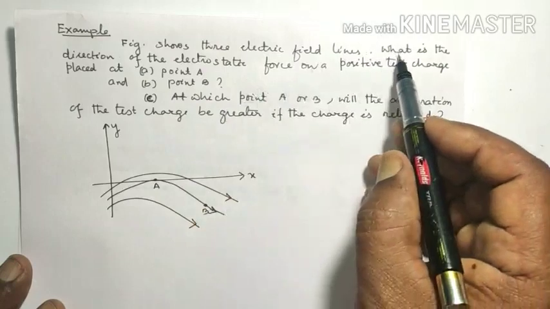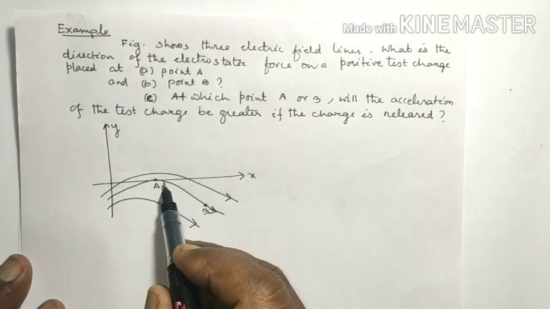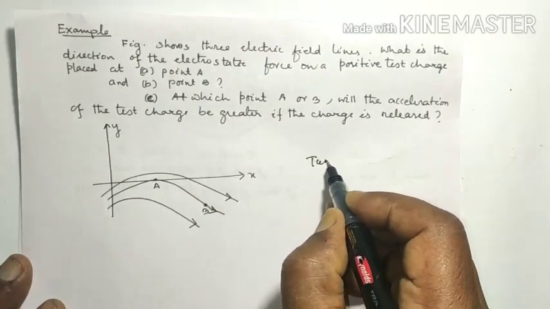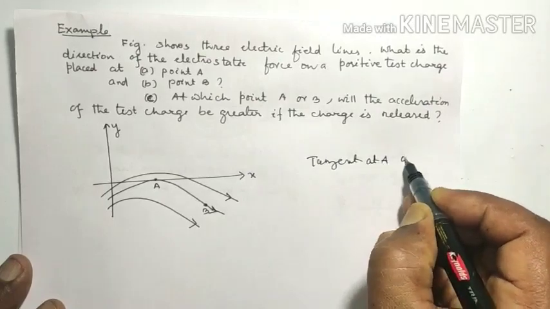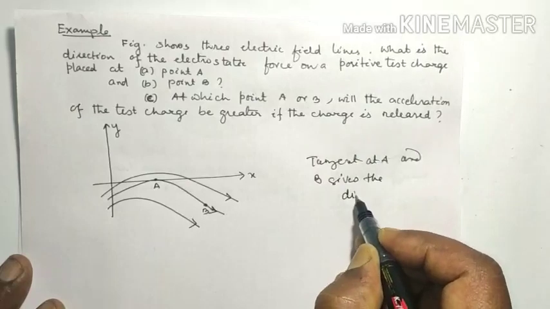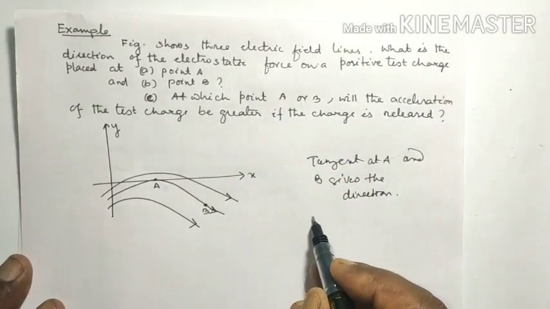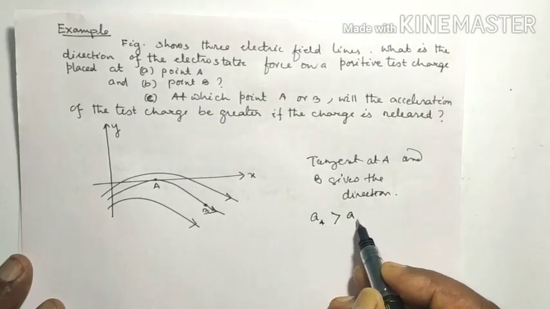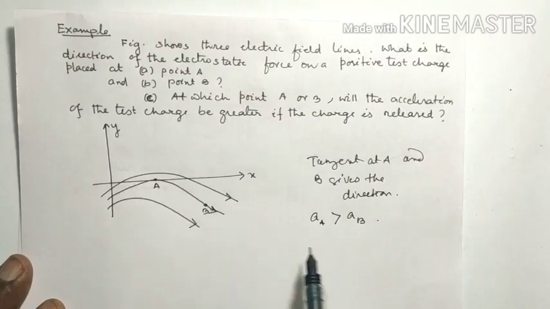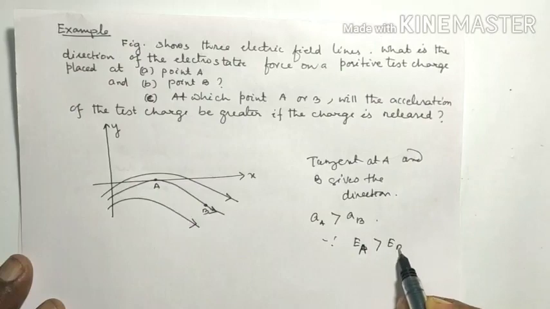The direction of electric field or electric force can be determined by drawing the tangent. So tangent at A and B gives the direction. And acceleration at A is greater than acceleration at B, because electric field strength at A is greater than at B. EA is greater than EB.